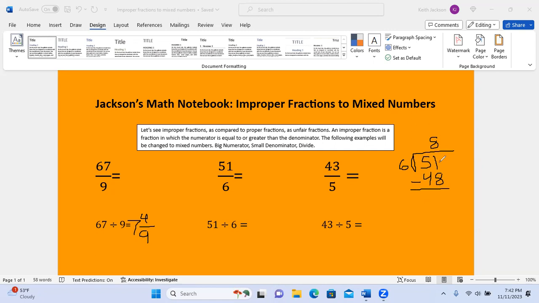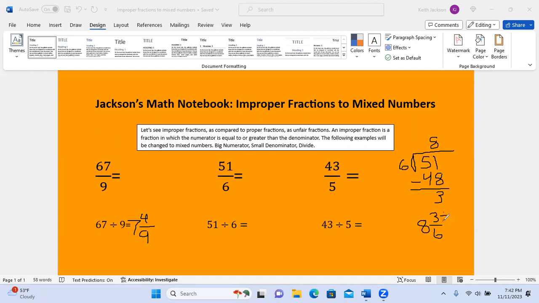And without crossing out numbers or anything like that, let's keep it neat. We can say that 51 minus 48 will give us 3. And so right here in our example, we have 8 3/6. However, your teacher at this stage, when you're converting improper fractions to mixed numbers, will want you to simplify.